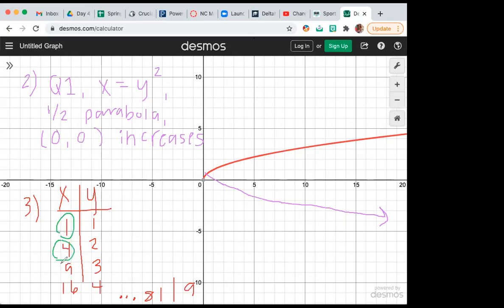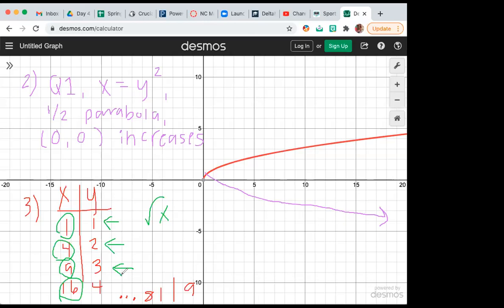When you plug these into the equation I gave you, the equation was square root of X. So if you do the square root of 1, you get 1. If you do the square root of 4, you get 2. If you do the square root of 9, you get 3. So what convenient points are used on this graph? Perfect squares, because those are the numbers we can take square roots of.